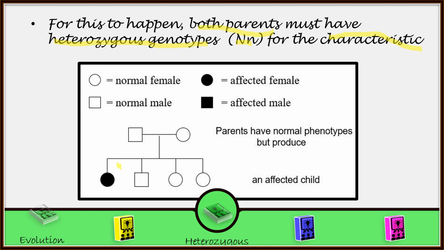So if this one was to appear, the parents were heterozygous, capital N and small n. This means that there is a possibility of having a small n, small n child who is going to be affected.